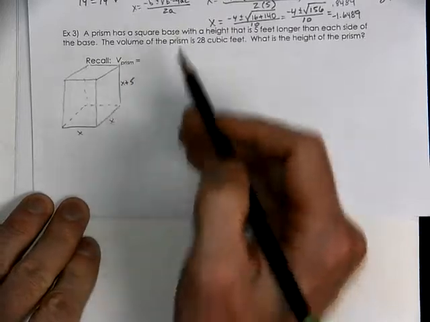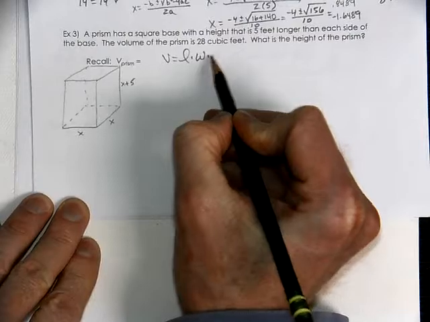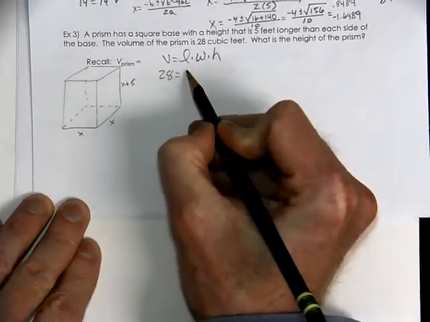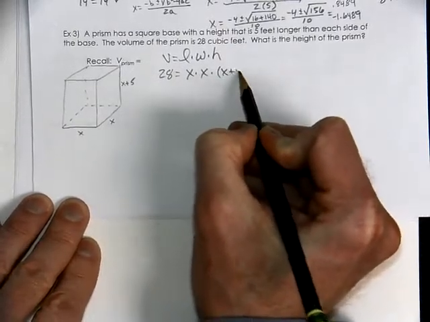This is a rectangular prism, so we know the volume equals length times width times height. So 28 is going to equal x times x times (x plus 5).